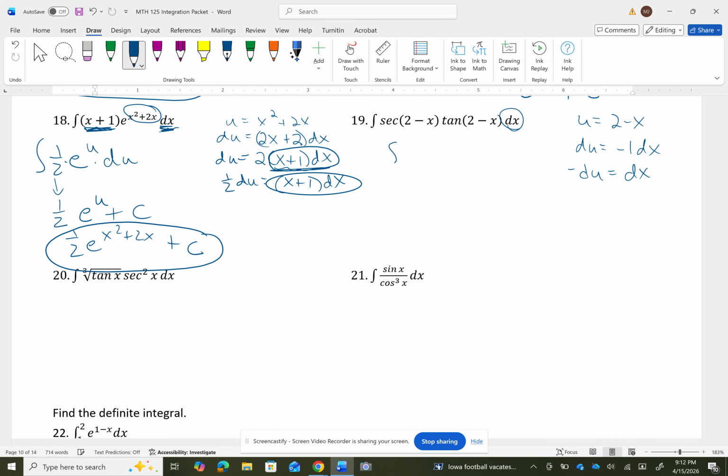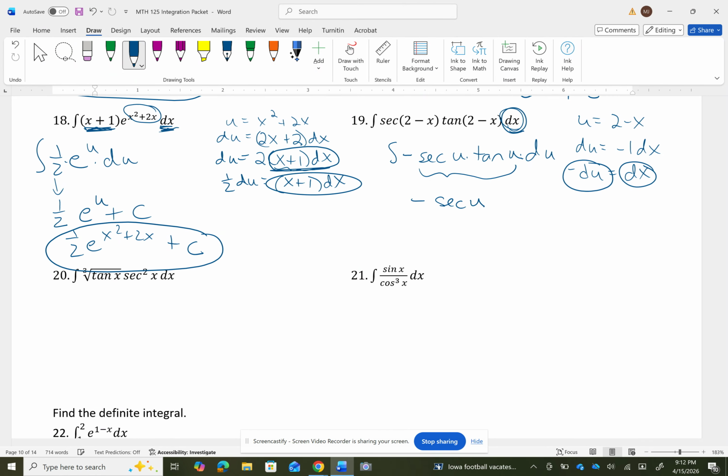Then I'm going to make a substitution, and in place of the 2 minus x, I'm going to put a u in both places, and in place of this dx right here, I can put a negative du, but let's put the negative in front and the du at the end, so everything's in its normal place. Then didn't secant u, tangent u come from secant u?